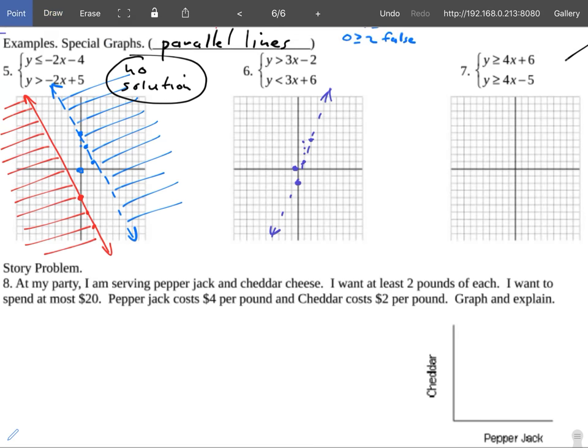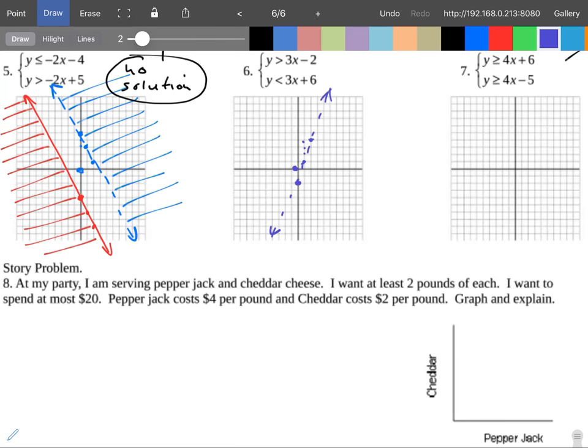If I test 0, 0 in the original inequality right here, that's going to put in 0 for x and 0 for y. That's going to say 0 is greater than -2. That is true. So since this point made it true, I got to shade the side where I picked the point. So I'm going to shade to the left. So that's going to look like this.